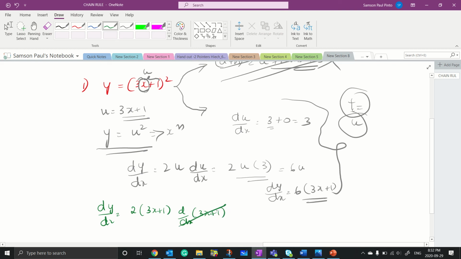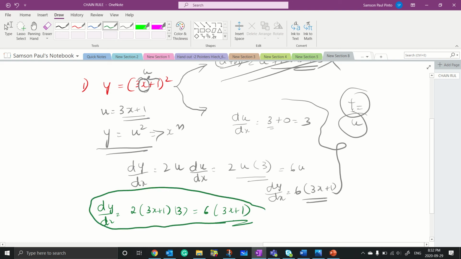I wouldn't even write this, I would directly write the differentiation of 3x plus 1, that is just 3, and that will give me 6 of (3x plus 1). So this only comes with practice. If you practice a lot in chain rule, you can directly do this, but in the initial days I would highly recommend you use the substitution t or u.